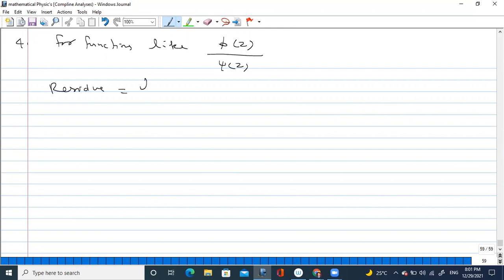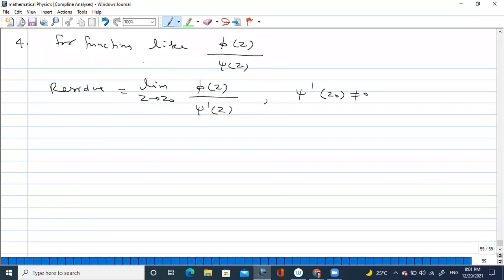Residue will be limit z tending to z0 of phi z divided by psi dash z. Understood? If the function is like this, you differentiate the denominator function and in that you put z equal to z0. But provided psi dash z0 must not be equal to 0, otherwise it will become infinite. Understood?